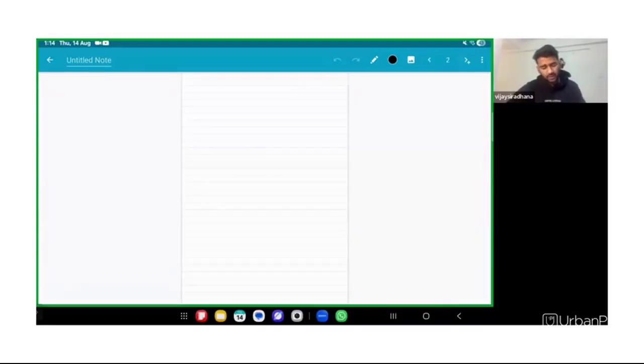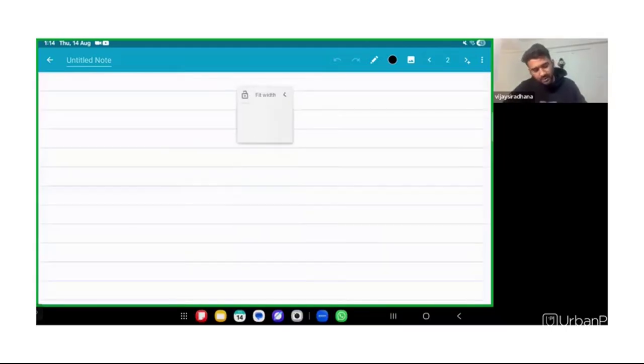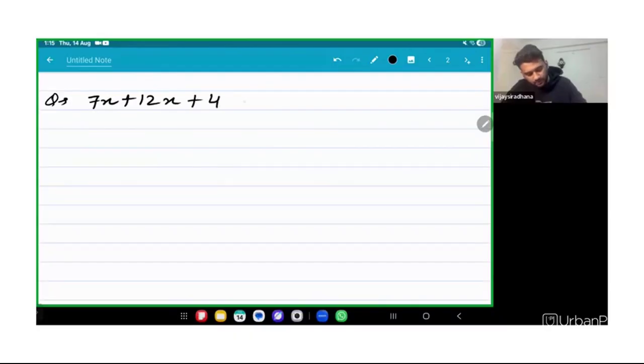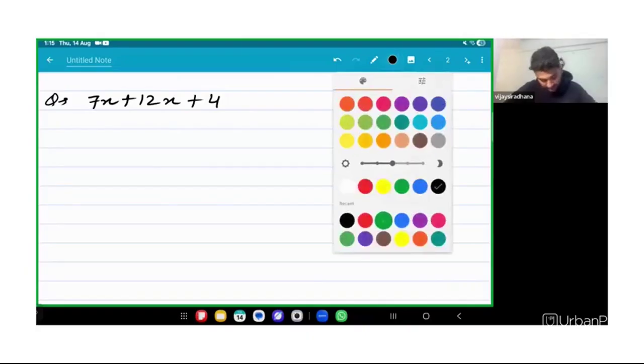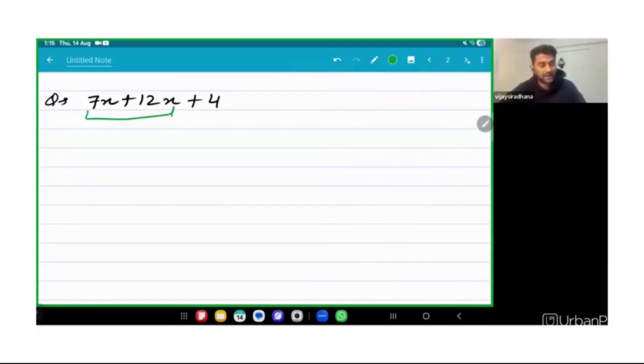You might get one confusion: what about 7x plus 12x plus 4? If this is the expression, then what do you think? Is it a binomial or trinomial? The answer is that this is nothing but a binomial. Because first, you should perform the operation on the like terms.